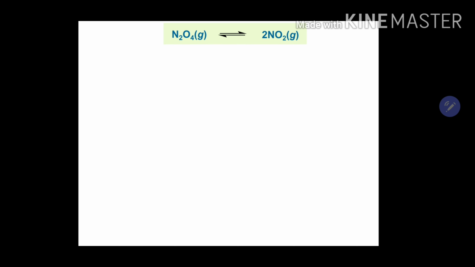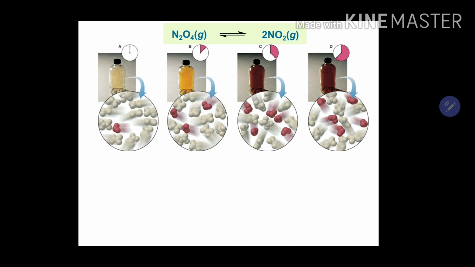Okay, look at this experiment. At A, N2O4 starts to form NO2, so the mixture is slightly colorless. At B, the mixture becomes pale brown, so at this time more NO2 forms.